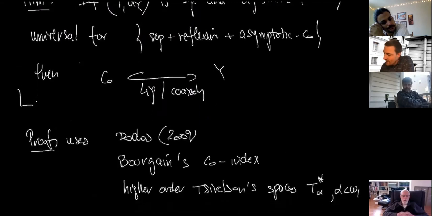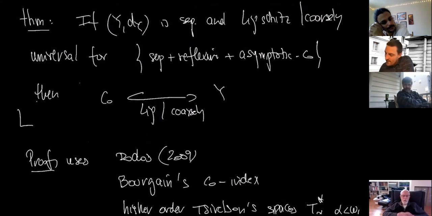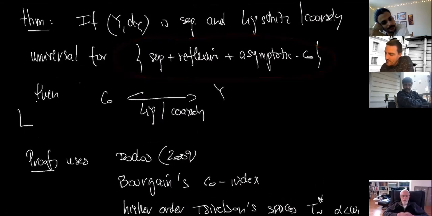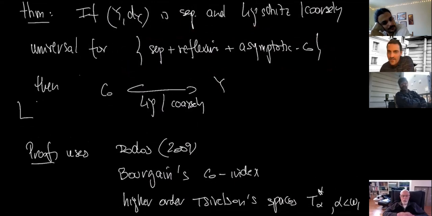The other thing I want to point out is that this class is a class of Banach spaces, but everything else is about metric structures. It doesn't feel right to have one foot in the linear world and the other foot in the metric world.